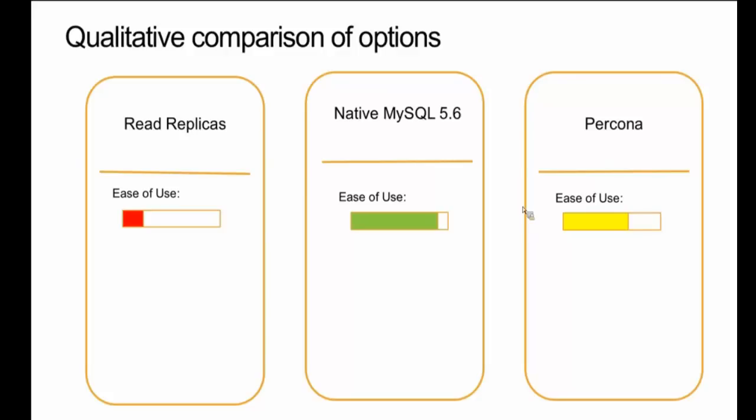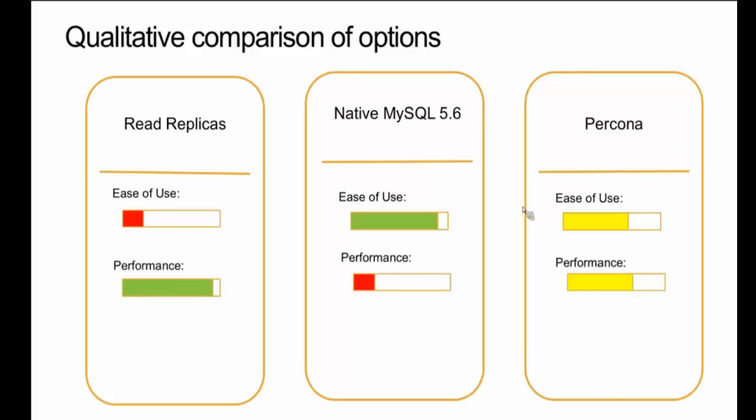Read replicas would be probably the least easy to use, with Percona being somewhere in the middle. However, read replicas, although they're not as easy to use, perform the best of the three. And as we saw from earlier, the performance impact from doing it with native MySQL can be significant. And then with Percona tools, again, it's sort of in the middle. It gives you a nice choice between the two ends of the spectrum.